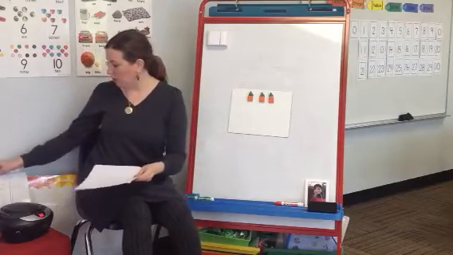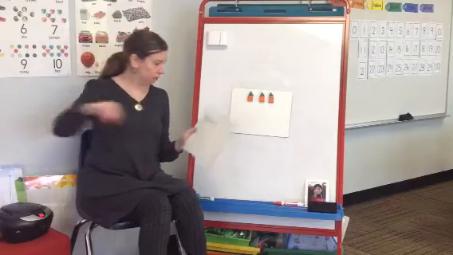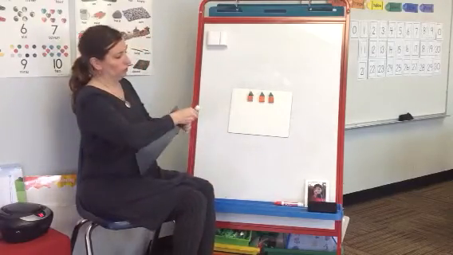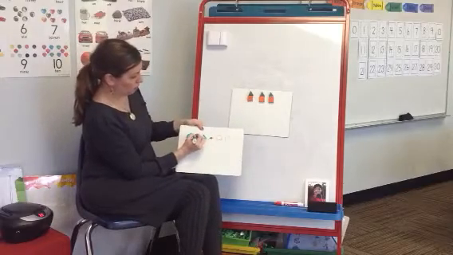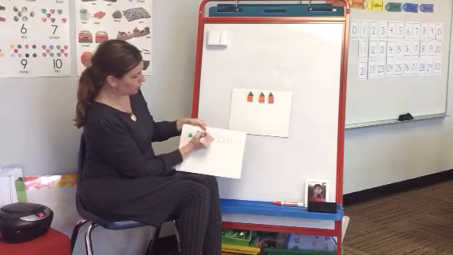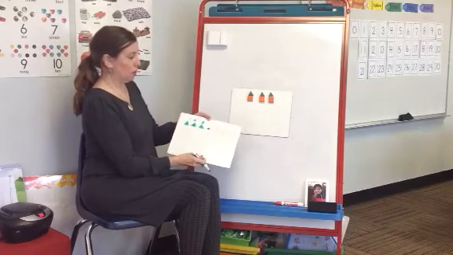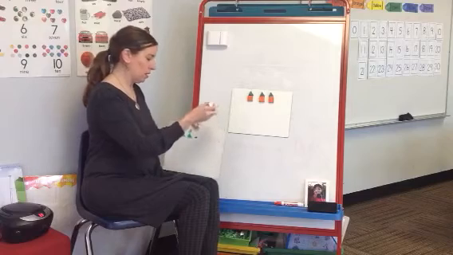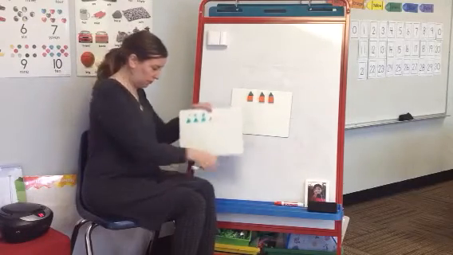So if we were going to represent this in adding, we would have 3 triangles. 1, 2, 3. Let's count. And then we have 3 squares.